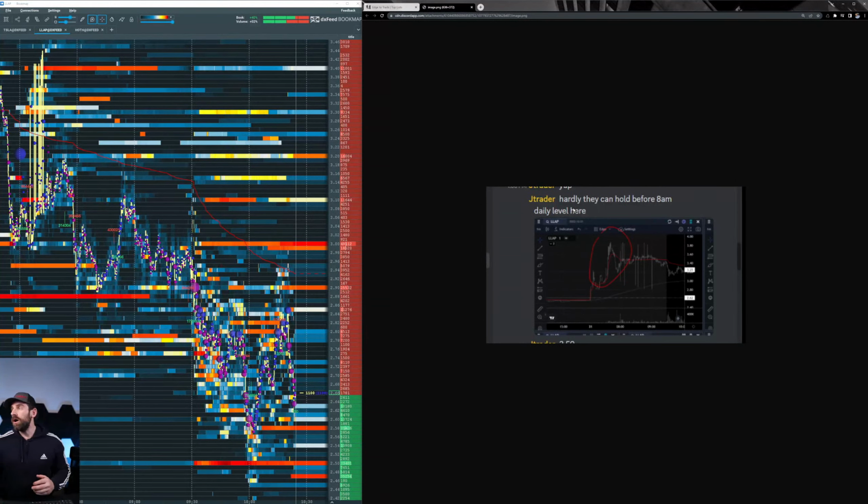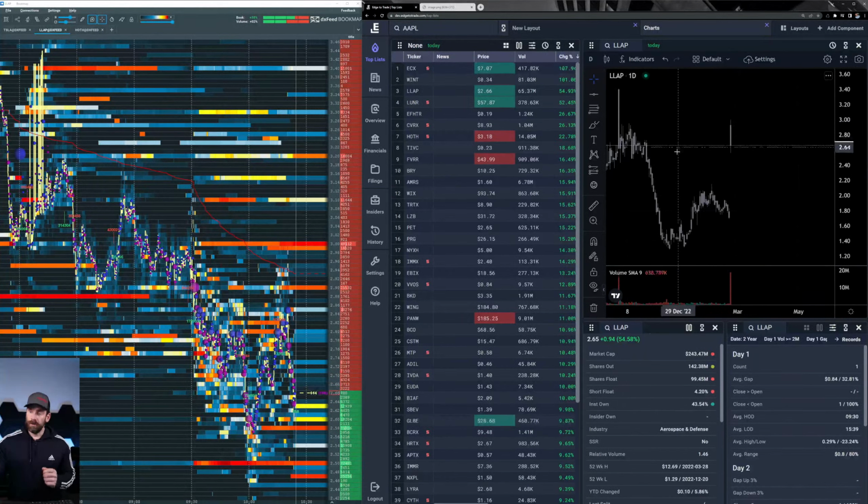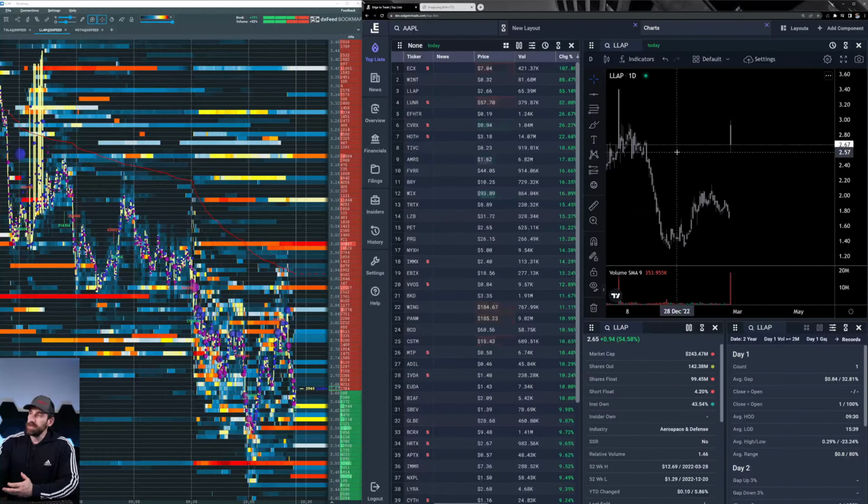And I wrote over here, hardly they can hold before 8 o'clock, daily level here. So we started shorting this. And what does it mean, hardly can hold the 8 o'clock level? It means it tends to fade pre-market and it tends to find a high of day before 8 o'clock. Today was a perfect example of this.